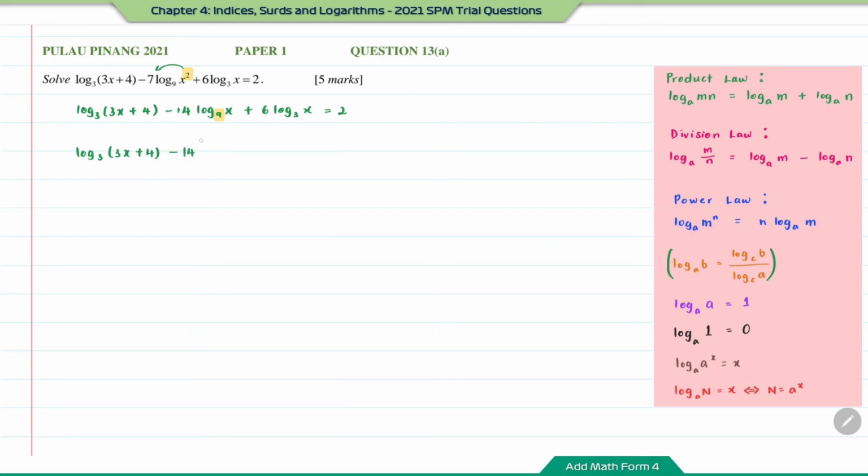So here will be 14, put the brackets to it. So log base 3 of x over log base 3 of 9. And this number 9, we can change it to 3 squared.